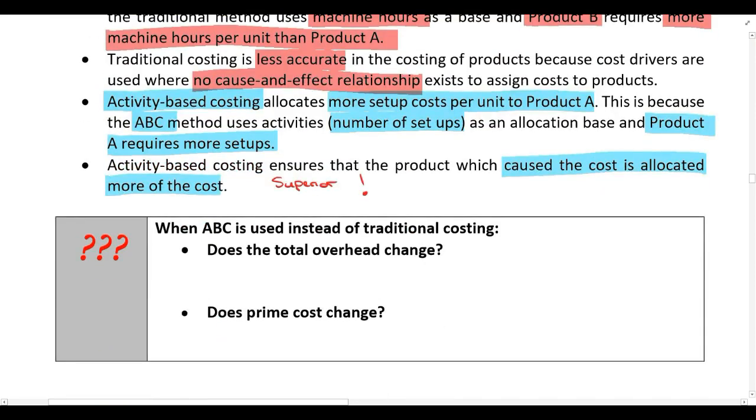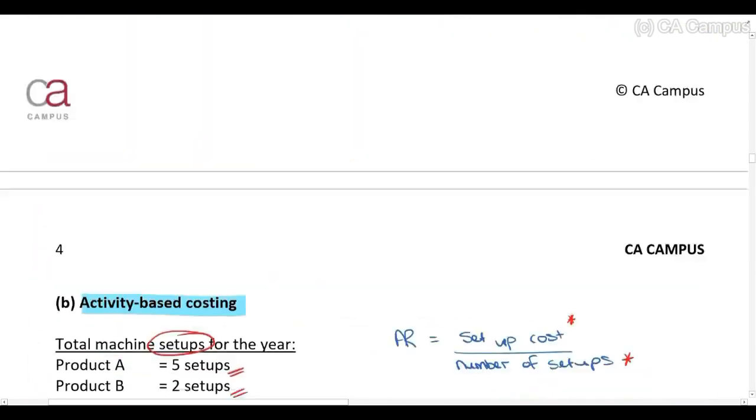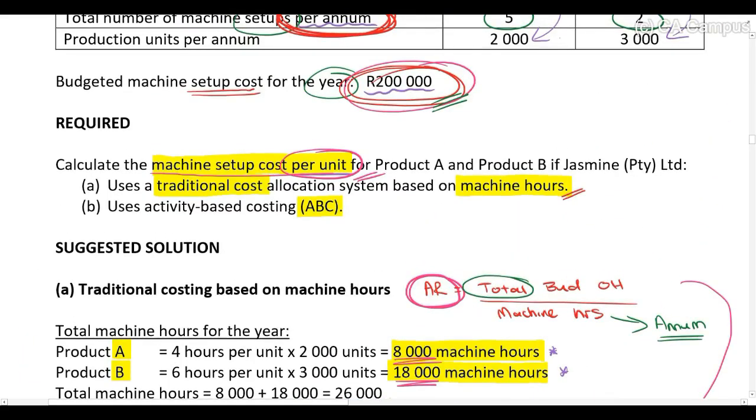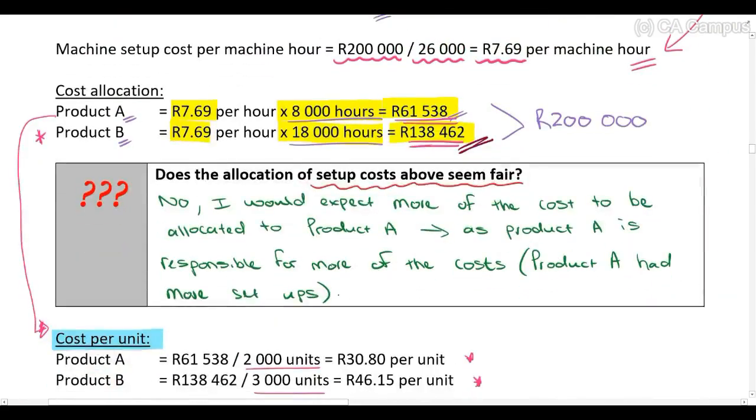So to wrap this up, guys, 2 important considerations. When we use activity-based costing instead of traditional costing, does our total overhead cost change? So what I'm asking you here, when we use traditional costing, my total cost over here was 200,000 Rand.